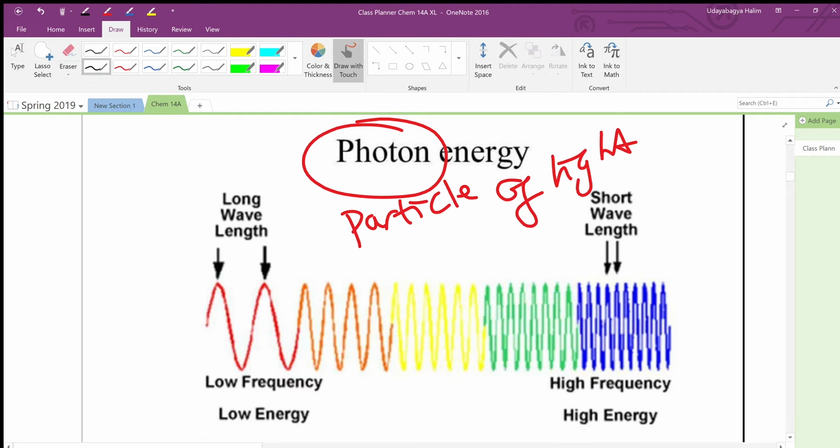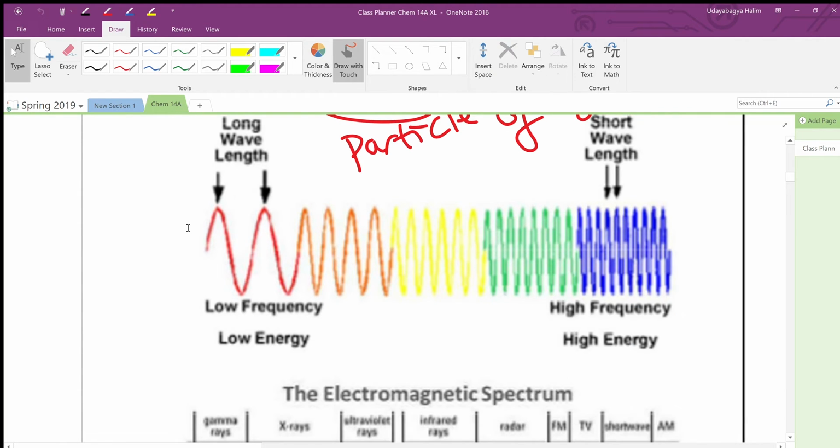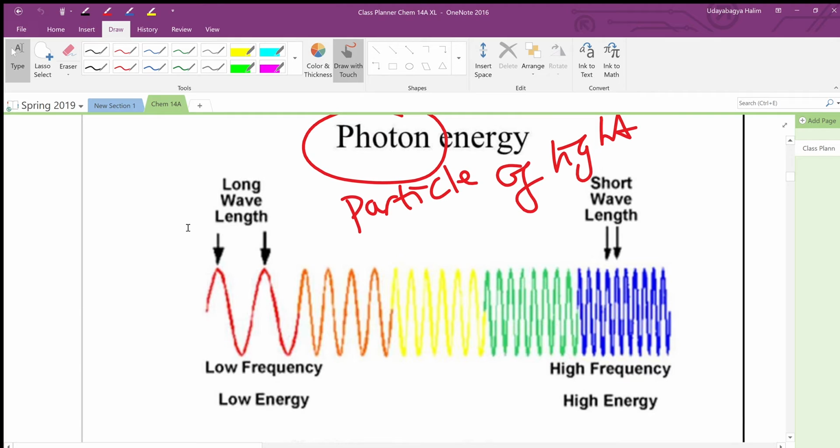So here we are. The understanding is about the same. High frequency means shorter wavelength, and high frequency also means higher energy, whereas the inverse is correct. So if you have a low frequency photon, you have low energy, and they also have a long wavelength.